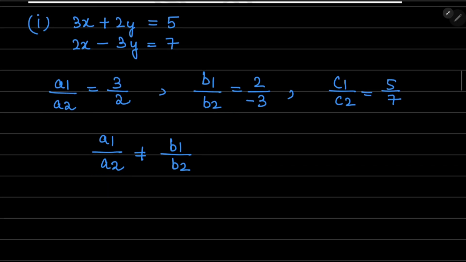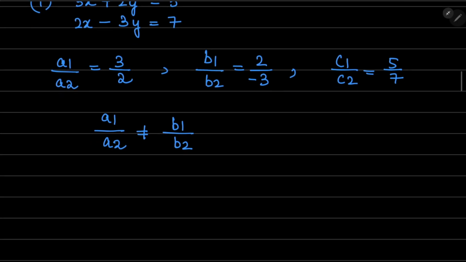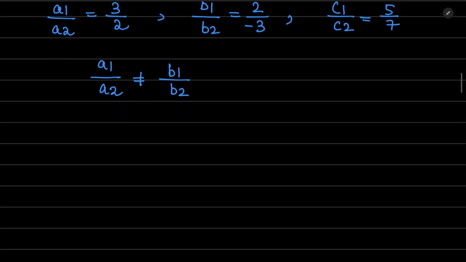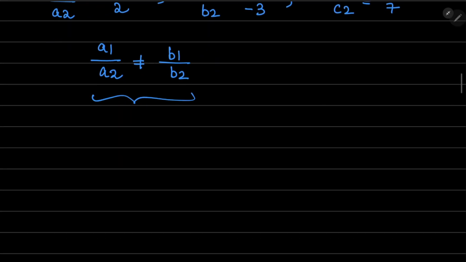So the minute the first two ratios are not equal, that means it's a scenario wherein you have a unique solution. The lines will intersect at a point, but what is asked is to find out whether they are consistent. So this is a condition that satisfies for unique solution. It will have a unique solution.